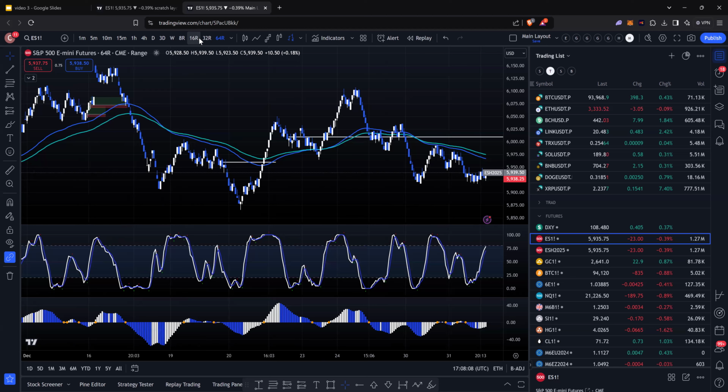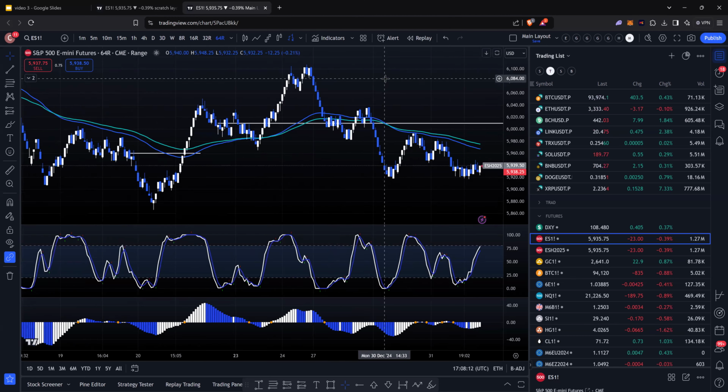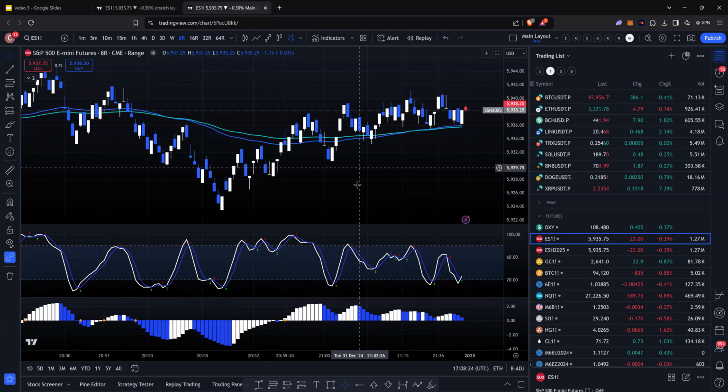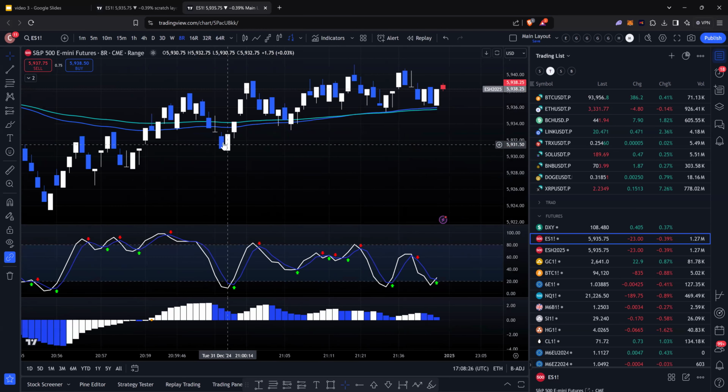Having the different range settings gives me a high time frame view down to a lower time frame, so I'm able to look at the chart on different time frames and get more data for my analysis that way. The way a range chart setting works, if we go down to a lower setting, this is 8. So every candle represents a range, as you might have supposed, of 8 ticks.